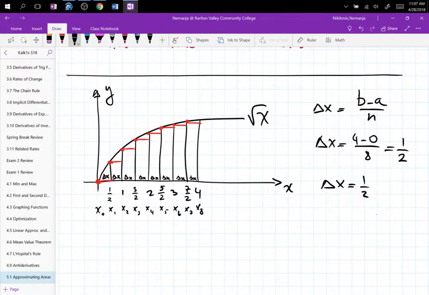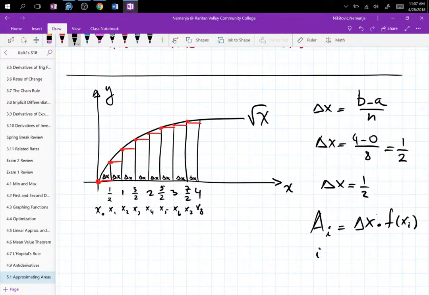So now what is the typical area? Well, I'll explain xi in a second. It is going to be delta x times f of xi. So this is the area of individual rectangles.